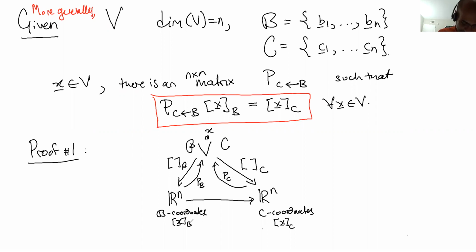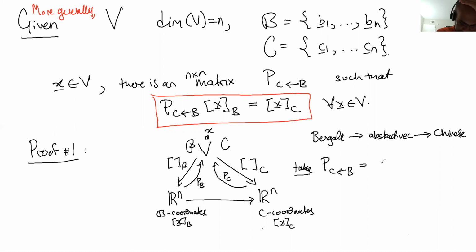If I wanted to translate Bengali to Chinese in this case, what I could do instead is translate Bengali to abstract vectors, which is just like an object, and then translate that to Chinese. So I would take P, C gets B, to be P_C inverse composed with P_B.